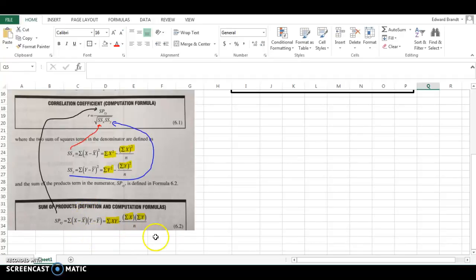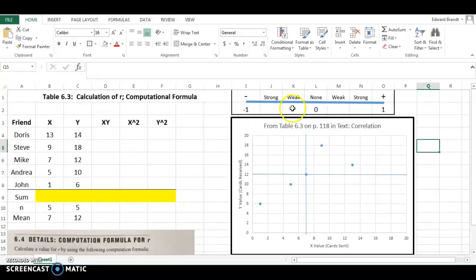Now, where the positive and negative for R comes into play, if you recall, R is a value that you're going to get either between -1 and +1. And I'll use this scatter plot over here as an example for you. If you take a look at the values below here, and this, for example, is the coordinate of 1, 6, which is represented by John over here. John has sent one card out and received 6. Alright?